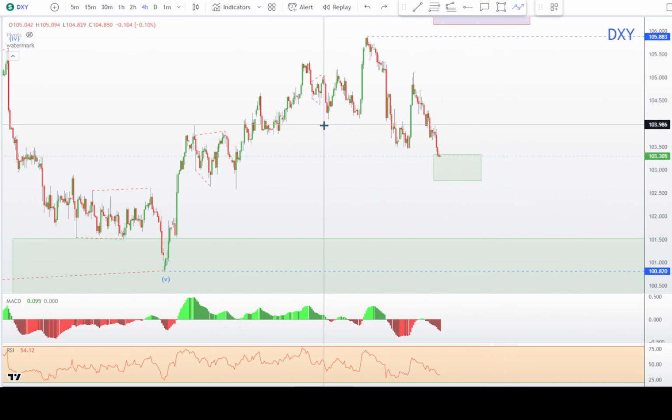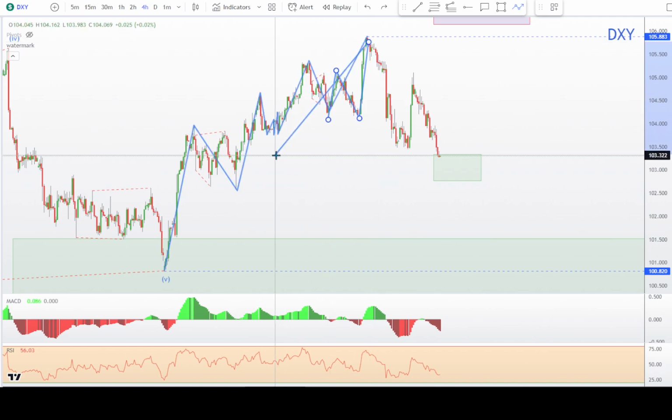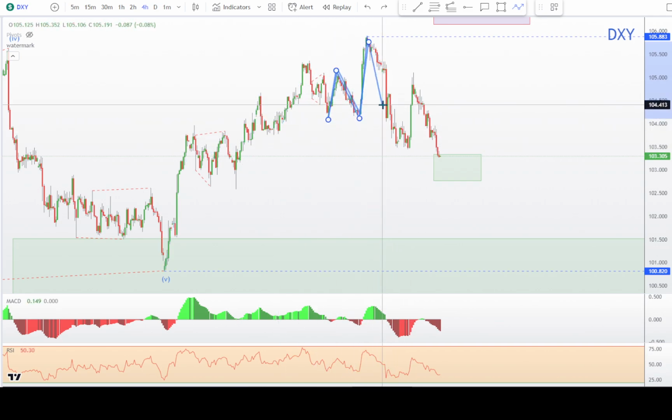And just because of the way it ended here in 3 waves, this 3-wave move, that tells me that this move up has to be a leading diagonal.